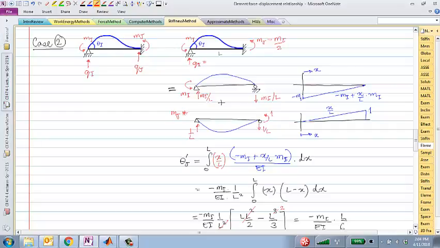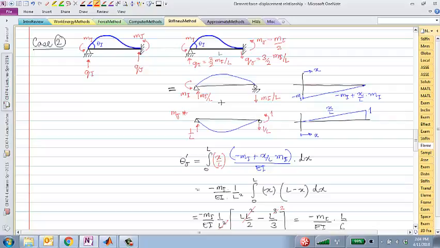Okay, mi over L plus mi over L, mi over 2 times over L. So that would be 3 mi over 2, or 3 over 2 mi over L. The same thing down, that would be qj, 3 over 2 mi over L. So we have found out all the reactions at the two ends, right?